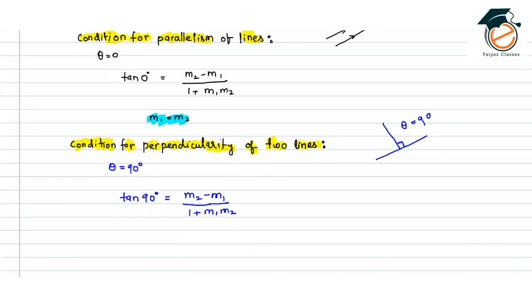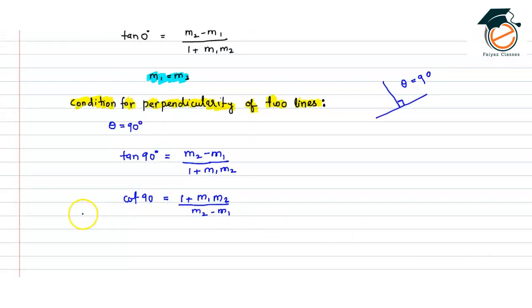If we put the value of tan 90, it is infinity, so we cannot solve it directly; we take the reciprocal. The reciprocal of tan 90 is cot 90, and on the other side the reciprocal is (1 plus m1 m2) divided by (m2 minus m1).